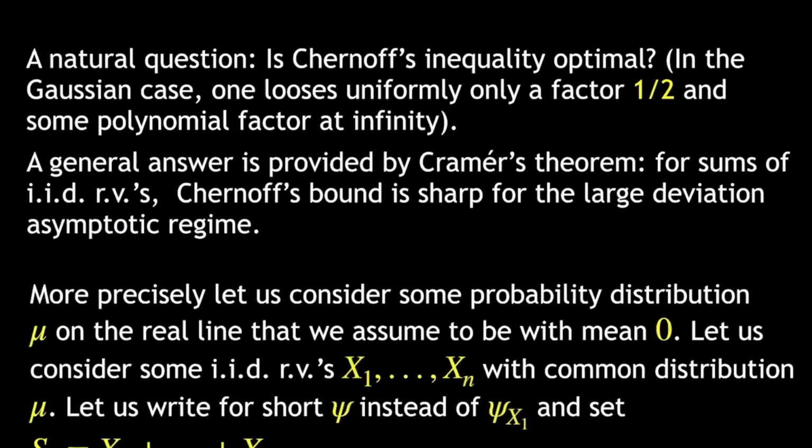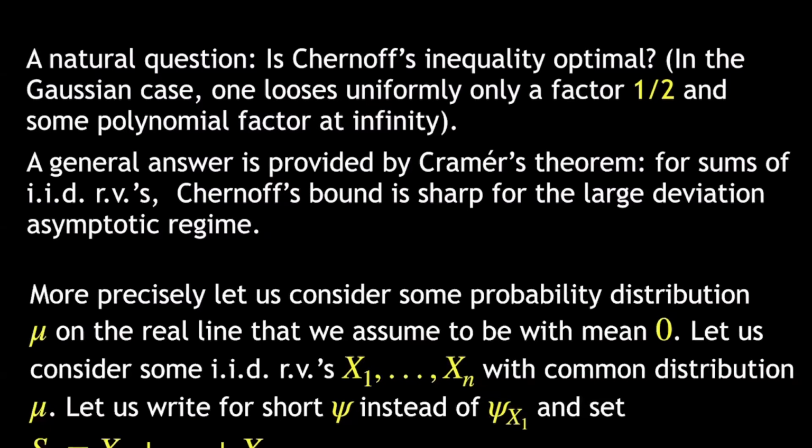So let's see exactly what is the statement of Cramér's Theorem. We look at independent and identically distributed random variables with values on the real line, and we assume that they are centered at expectation. And we assume that they are integrable and nothing else for the moment. And we consider their sums.